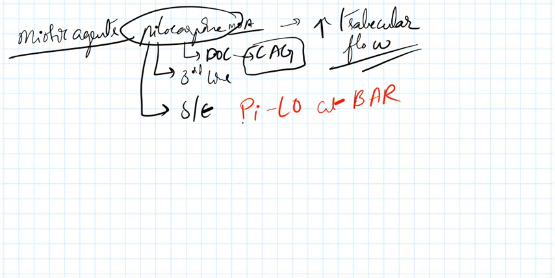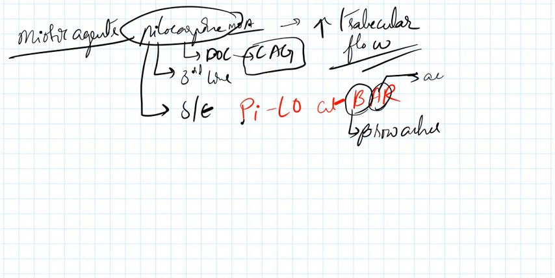Now what is the mnemonic expansion? Pilo at bar. Can anyone tell me? B for brow ache, A for accommodation spasm, and R for retinal detachment.